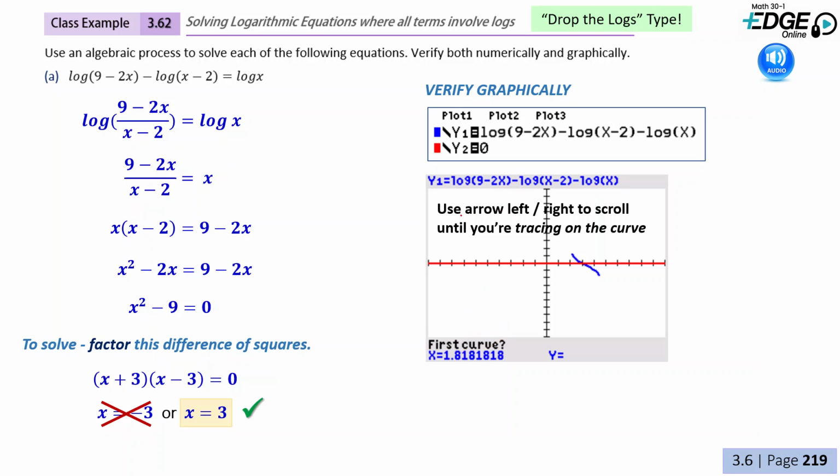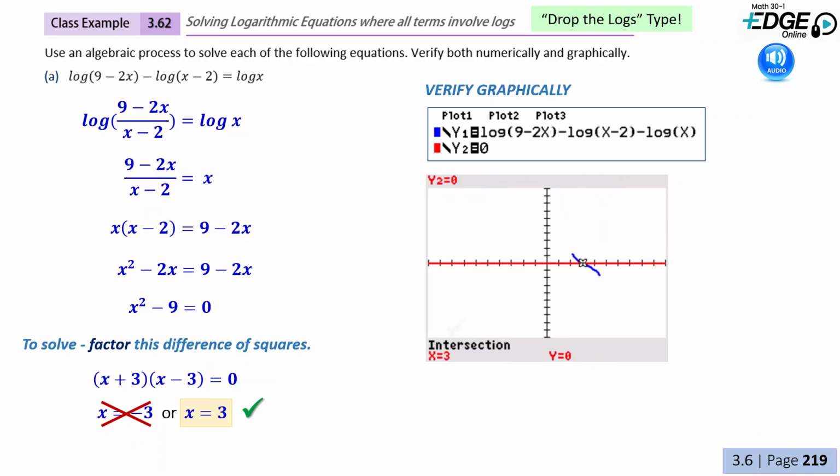So you might need to use the left and right arrows to scroll over until you're actually tracing on the blue curve. Now when it says first curve, we can push enter. And then we'll find that our intersection is at 3.